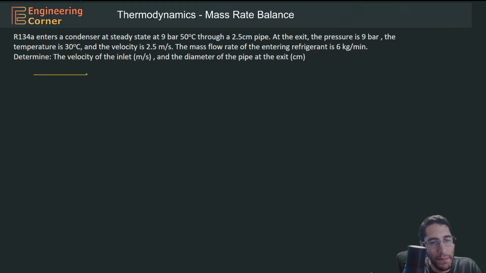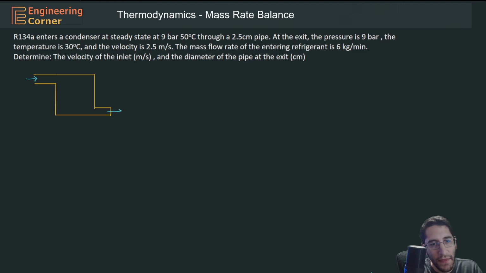Let's set this up. So I'm going to have some fluid that comes through an entrance and goes into this control volume, which is a condenser. So it's going to look maybe something like this. And my fluid flow is going to be going like this.